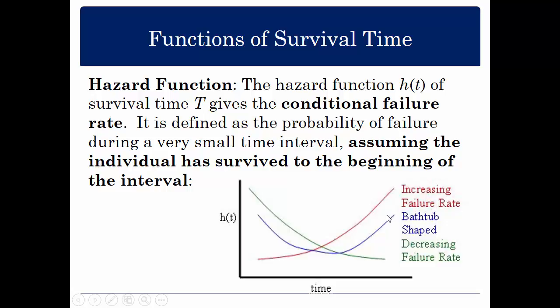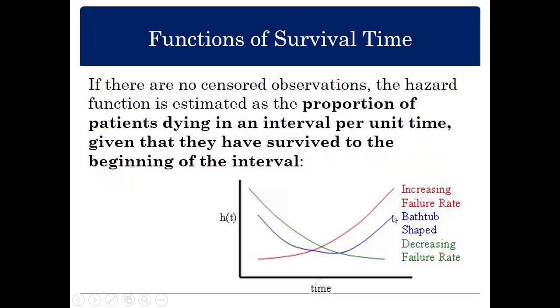Hazards are very useful in describing what the risk is of having an event. They're also very useful for comparing groups, and I'll talk in a moment about what a hazard ratio is actually representing. In survival data, the easiest way to think of the hazard function is when you have no censored observations.